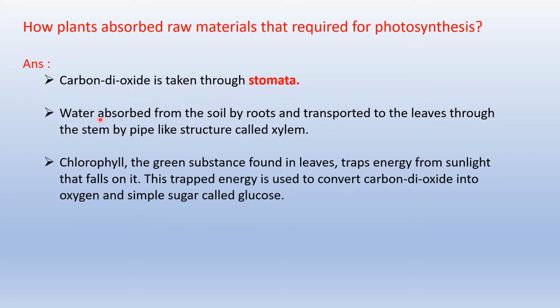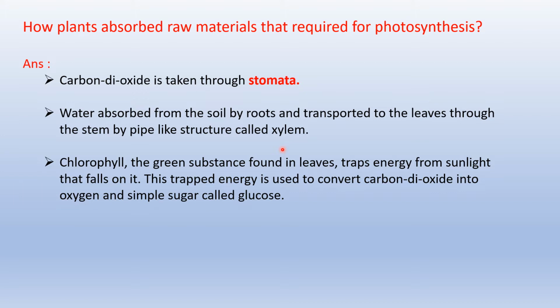Then, water is absorbed from the soil by roots and transported to the leaves through the stem by a pipe-like structure called xylem. So one more word we get here: xylem. Roots absorb the water, but it has to be sent to the leaves where photosynthesis is happening.